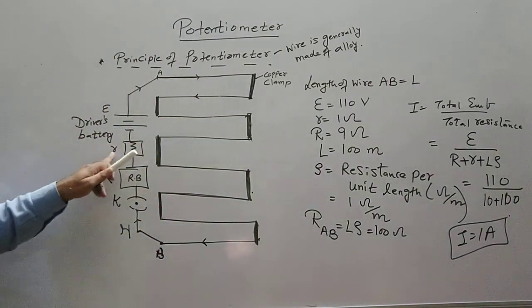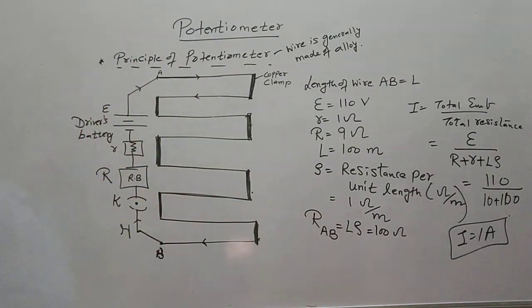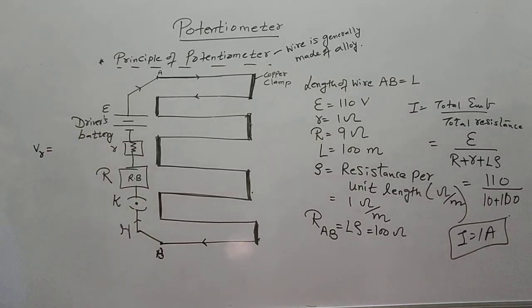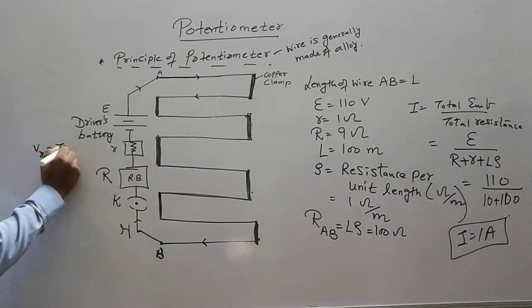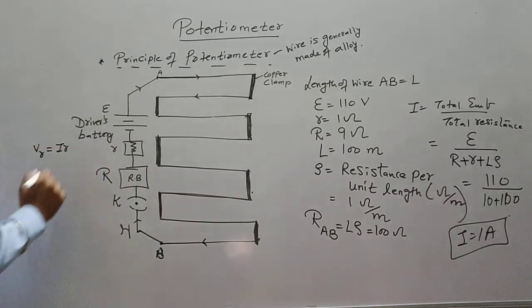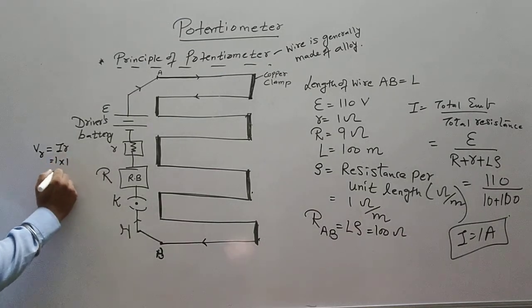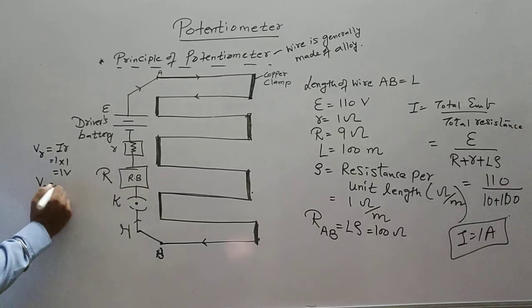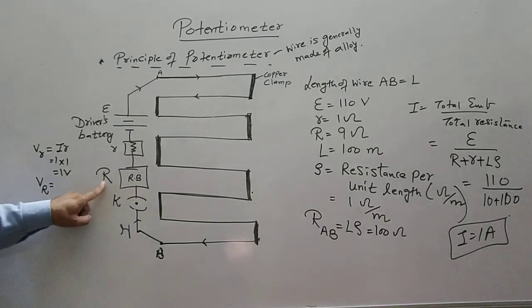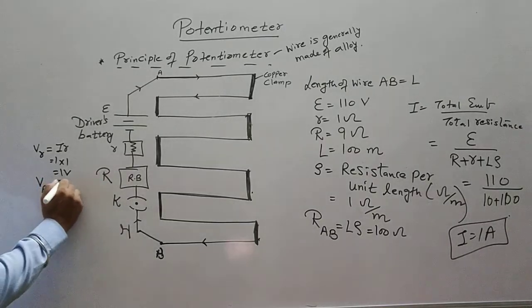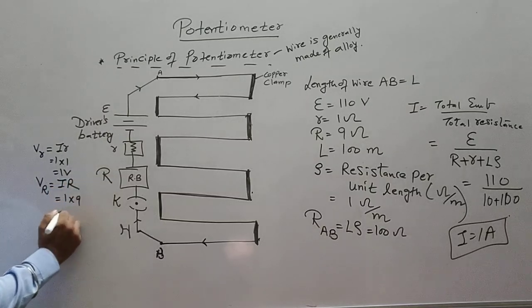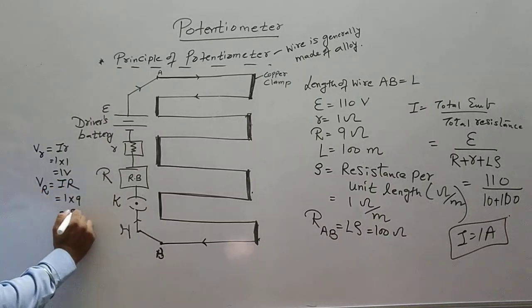Now what will be the potential drop across this r? The potential drop across r will be equal to I into r, which is 1 into 1, that is 1 volt. Then the potential difference across this external resistance is I into capital R, that is 1 into 9, equal to 9 volt.